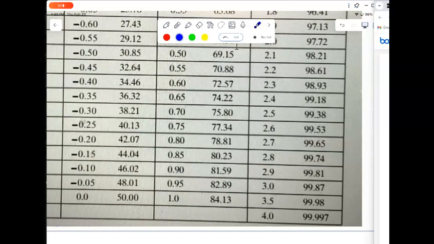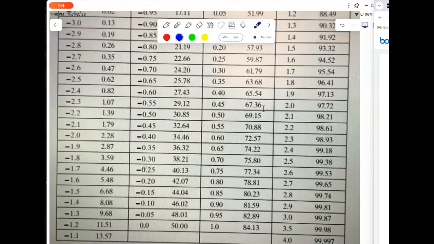If we're looking at a z-score of 3, 99.87% of all data values fall below the 3 standard deviation level. This even goes up to 4 when it's just about 100%. 99,997 out of 100,000 things would fall below 4. And that's all our chart does.